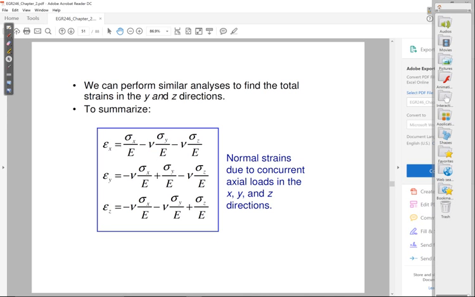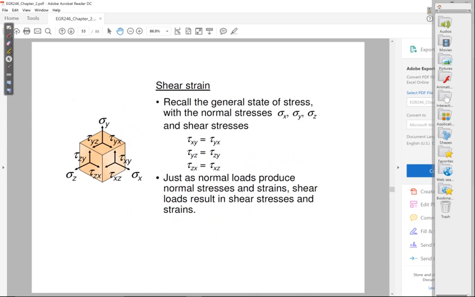So let's talk a little bit about shear stresses and then the corresponding strains that occur. Shear strain in 3D is these 6 terms, which we said reduces down to 3 unique values.